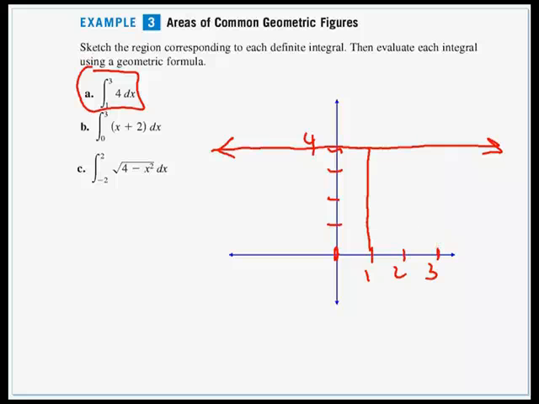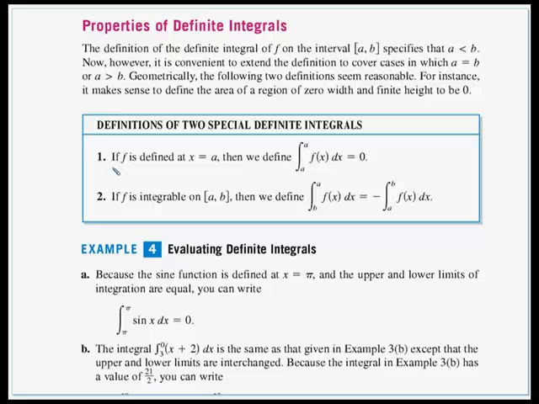What if the upper and lower limits were the same, from 1 to 1? What if we just do a straight line there and ask what's the area of that line? Well, if you remember back to geometry, a line is infinitely thin. It has length but no width. So that would have no area. That's all this first one is saying. If the lower and upper limits are the same, no matter what the function is, the area is going to be 0.